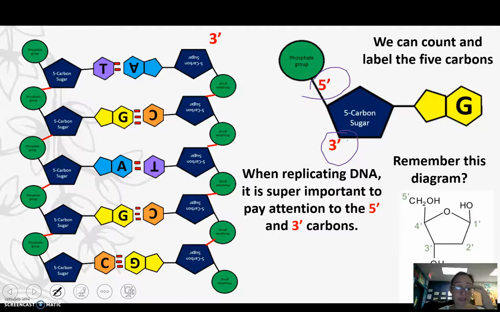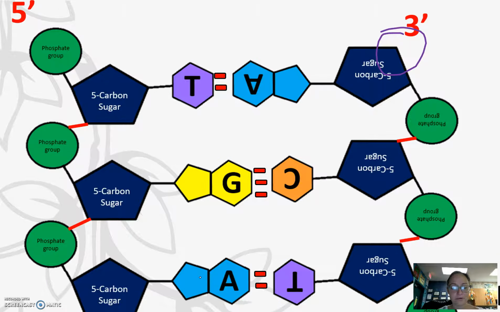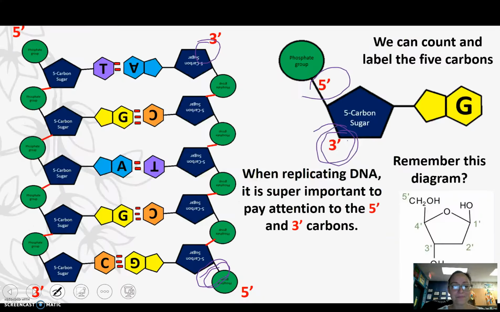So when we look at our strands of DNA, you can see right here, this bottom part is the 3' end. And up here, this is where I'd find my 5' carbon, so I call this the 5' end. Now on the other side, I have my 3' end, and then my 5' end right here.